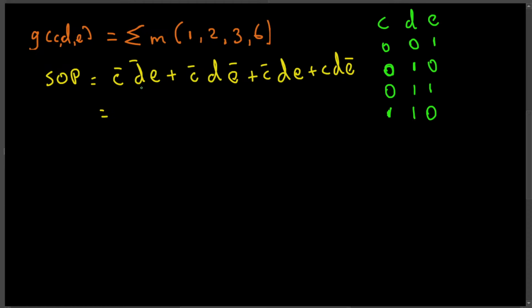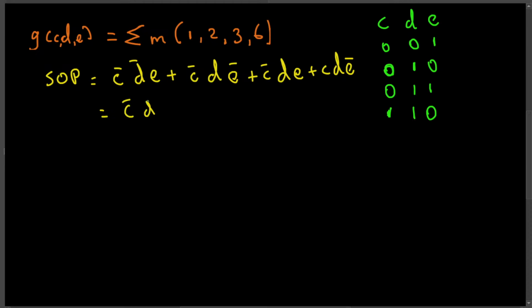We have C, D, C complement, D complement, E, and then we have C complement. You know what? I can write this one in a better way, so I can take something common. So I'm seeing that C complement, D complement. Okay, let's do that here.